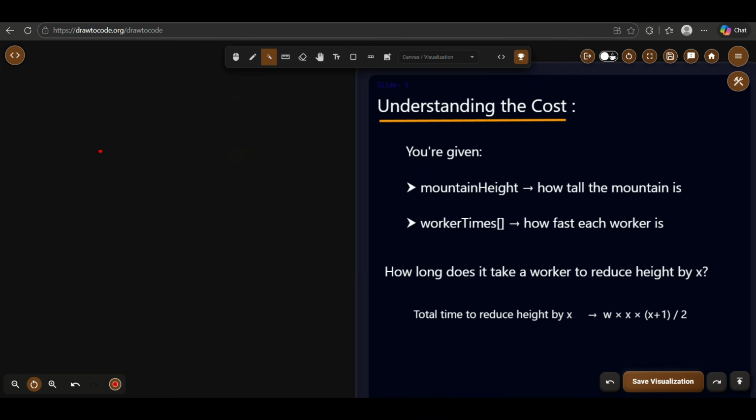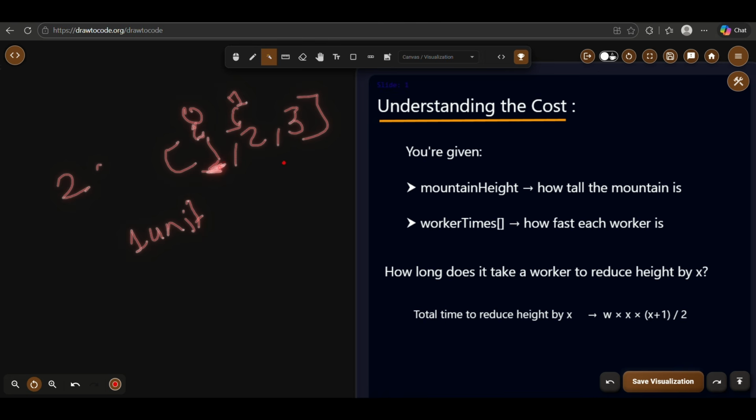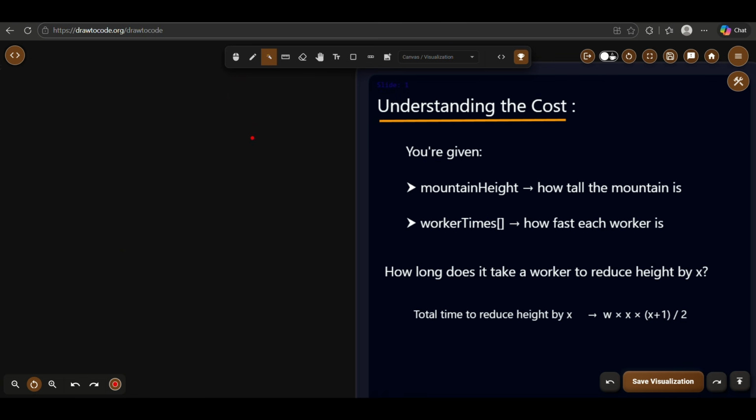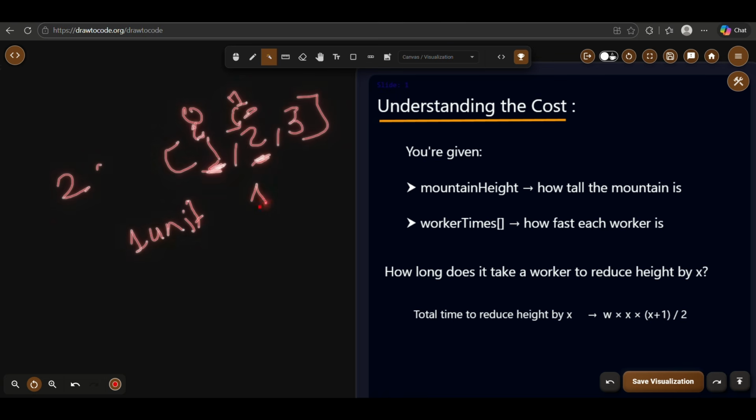Similarly, the first worker can chop 1 unit of height in 2 seconds, and the third worker can chop 1 unit of height in 3 seconds.